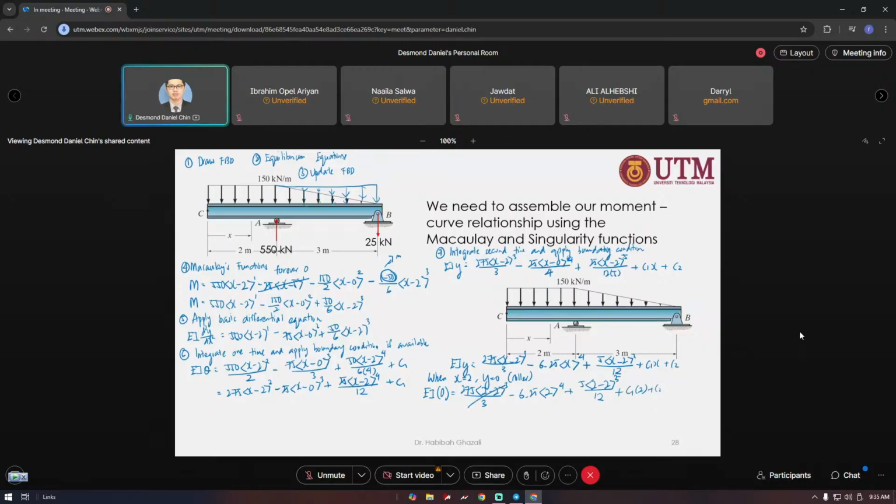So this one will become 0. This one will become 0. However, 6.25 times 2 to the power of 4 is not equal to 0. So 0 equals to 2 to the power of 4.